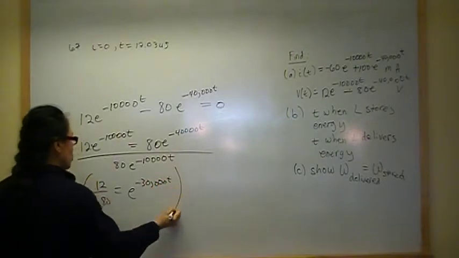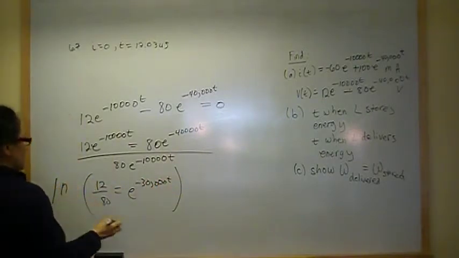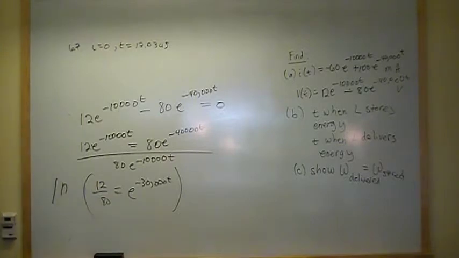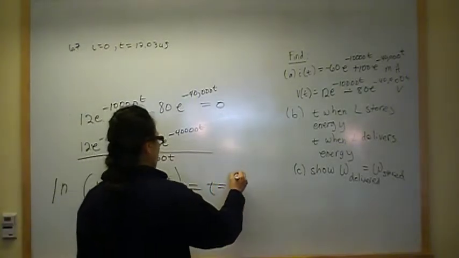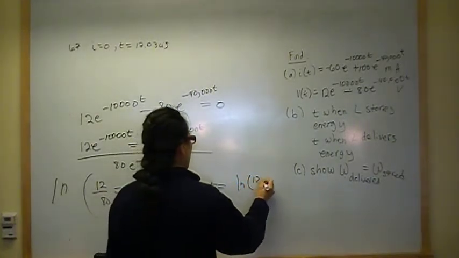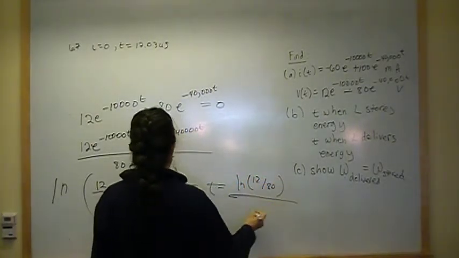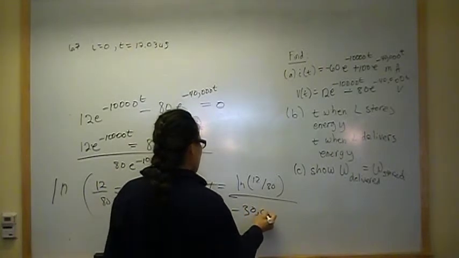We're going to take the natural log of both sides and solve for t. This is going to give me t is equal to the natural log of 12 over 80, divided by negative 30,000.